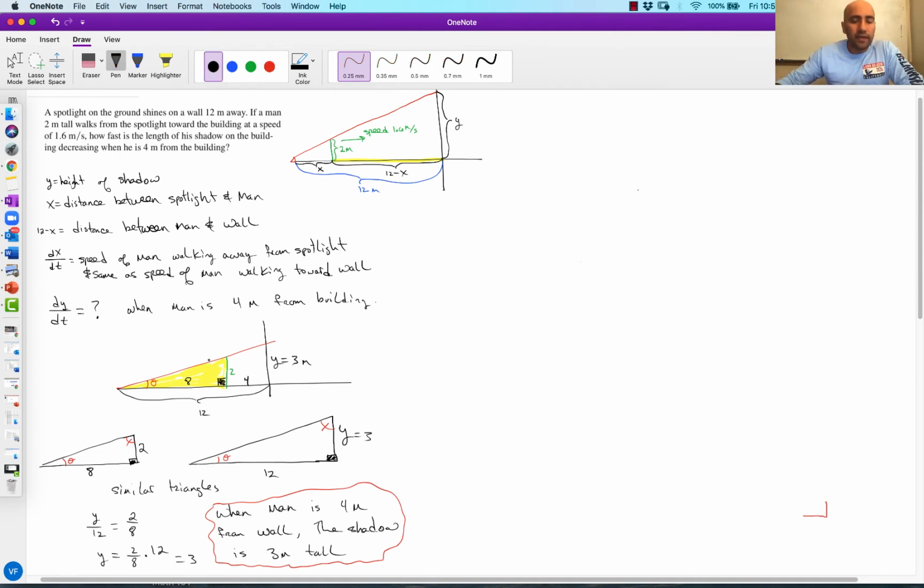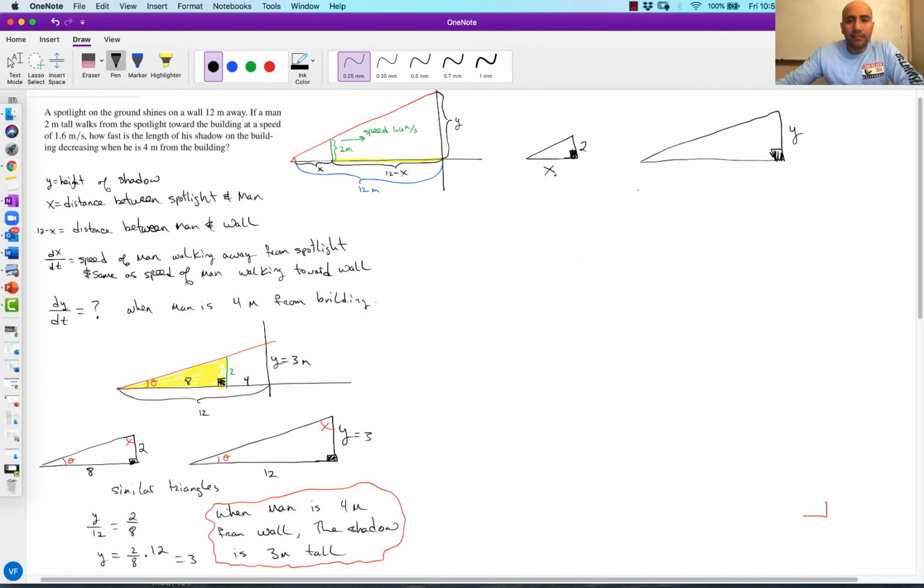I'm going to do the same kind of thing, where I have this smaller triangle at the tip here, this little triangle, and then this larger triangle. They both share a right angle, both right triangles. This one's height represents y, which is the shadow. The height of this one represents 2, the height of the man.